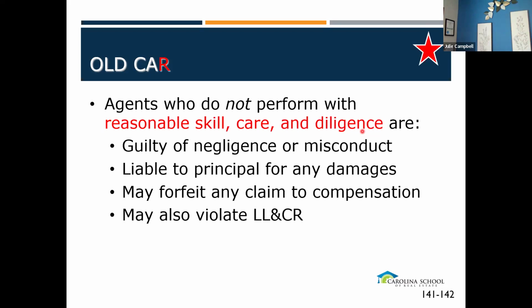So failure to perform this reasonable skill, care, and diligence could absolutely be seen as misconduct. The broker and or the firm could be liable to the principal for any damages. We may forfeit our commission. And any violation of license law and commission rule could result in disciplinary action by the North Carolina Real Estate Commission.